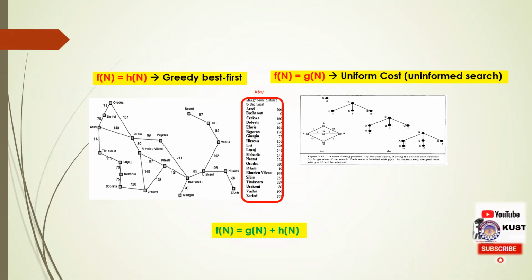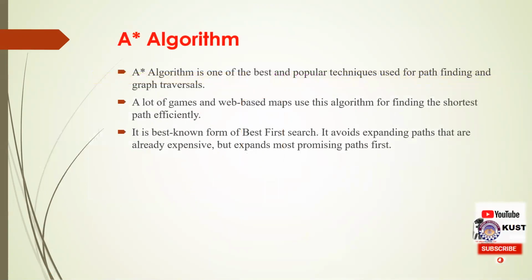So it would be nice if we combine these two strategies to get the advantages of both. The A star algorithm was initially designed as a general graph search algorithm, and it is widely used in solving path-finding problems in video games and web-based maps.